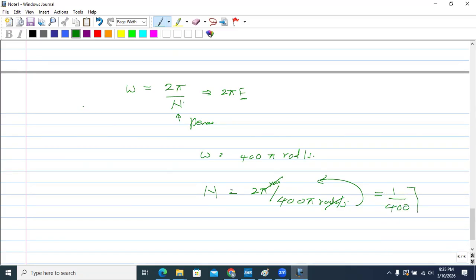This is the period of the signal. It is in seconds, because this is not a sample number. We will have the answer in seconds. So this is the period of the sampled signal, and that is the answer for question one.